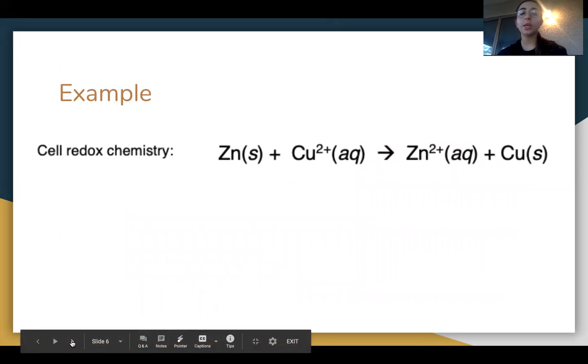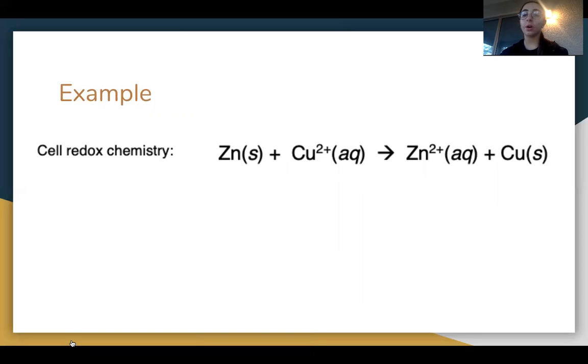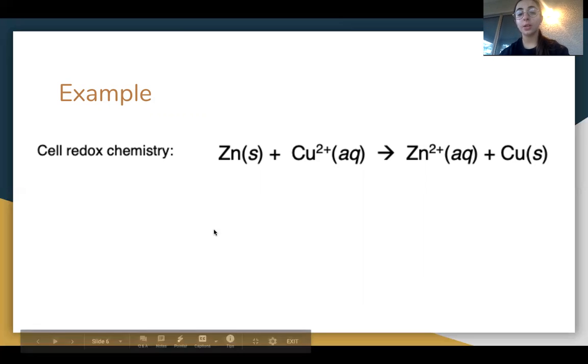Let's say you have this equation. You have zinc and the copper ion, zinc ion and copper. You have to look at which one lost electrons and which one gained electrons. The zinc here became zinc 2+, which means it lost electrons, and the copper was 2+ and then became 0, which means it gained electrons.